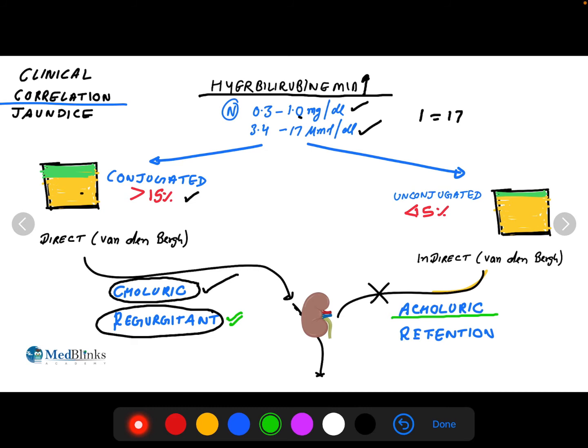Secondly, it is also called retention type of hyperbilirubinemia because most of the reasons for increase in serum bilirubin in this condition are related to overproduction of bilirubin, like hemolysis, hematoma. That is why it is retained in the body and not excreted. So, retention, acholuric, unconjugated or indirect are the same things.